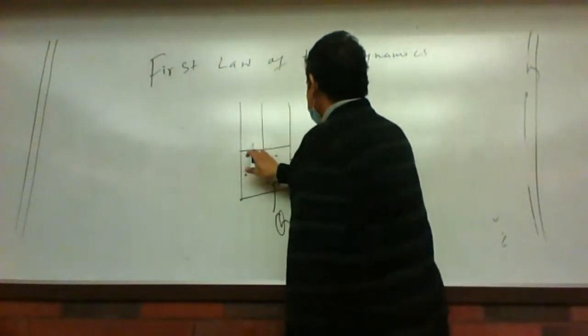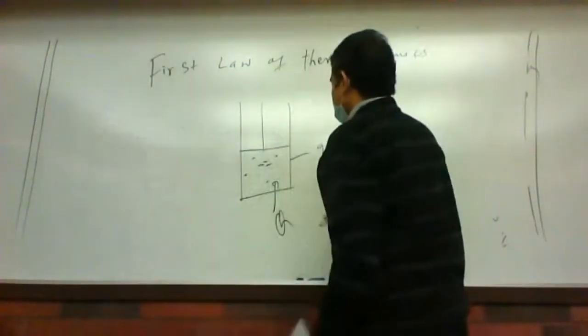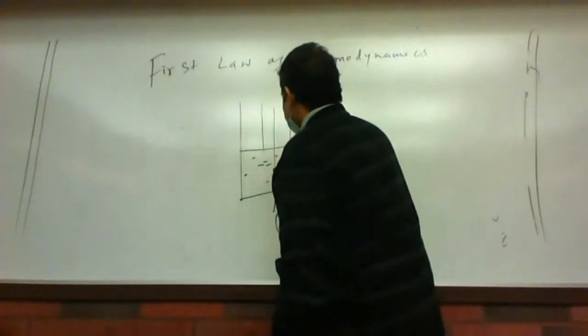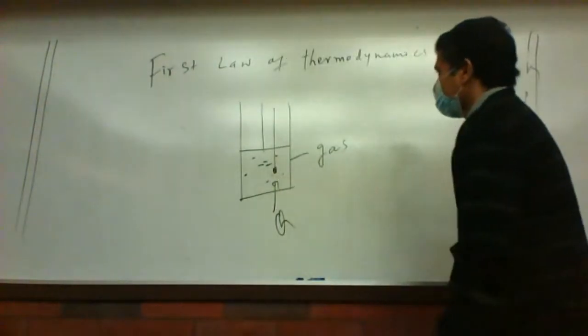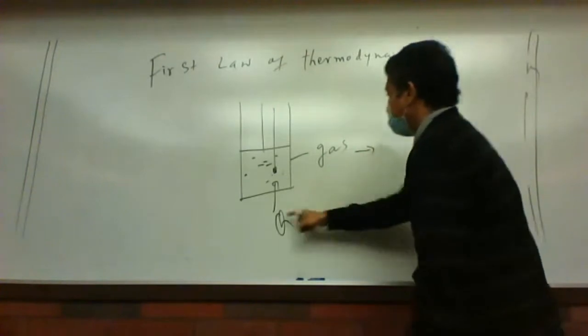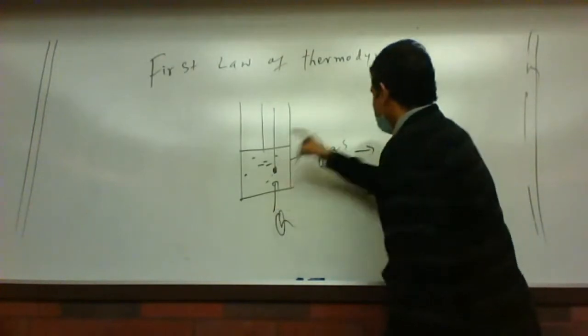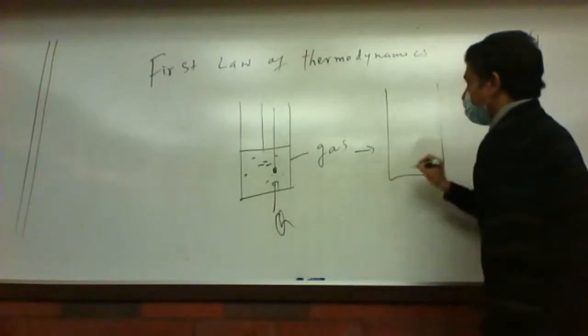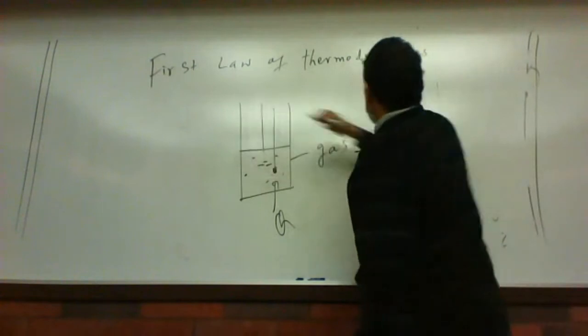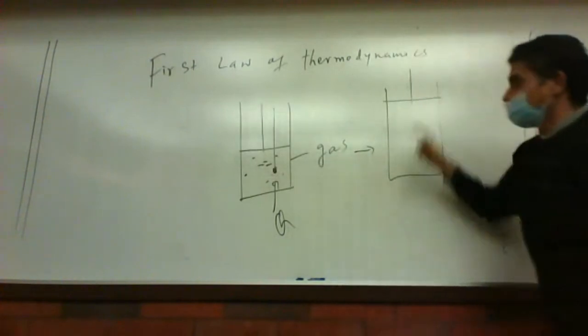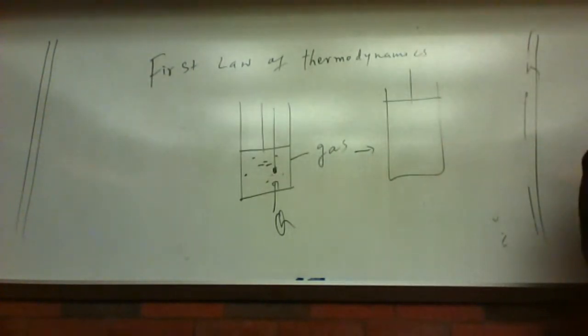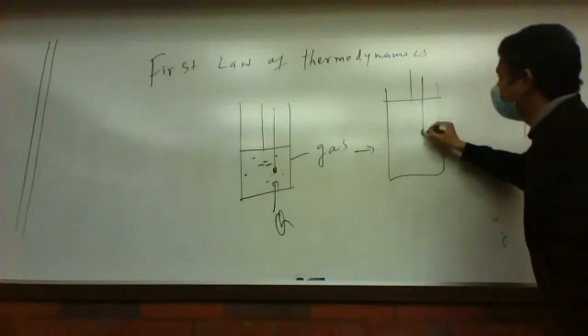This piston is going to move up, and I have also a thermometer here. So what happens when I heat it by putting in oven? This piston is going to move up like that. Make sense? And the thermometer is still there.